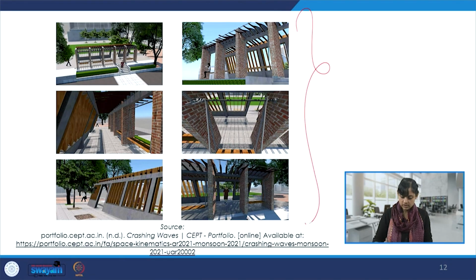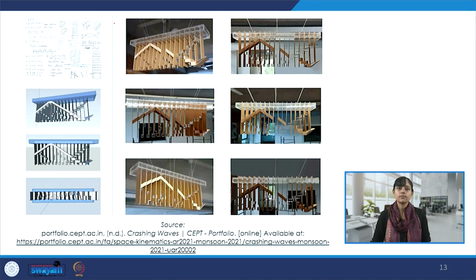Some more renders. So this is the overall summary. I also put this slide earlier. So how from the conception to the execution, everything is fairly detailed out and actually executed on ground.